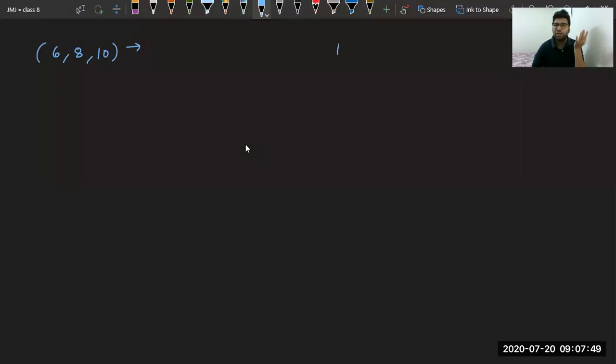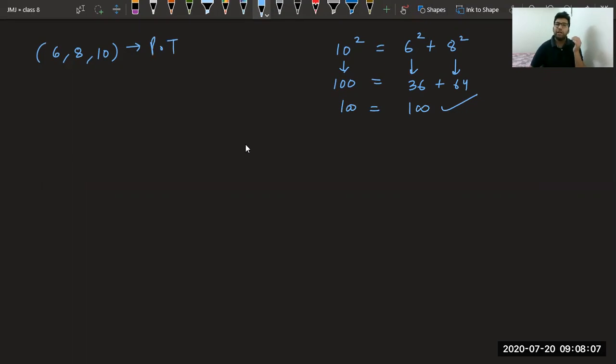So we have to check whether the longest side squared is equal to 6 squared plus 8 squared. Let's check. It is 100, it is 36, it is 64. So 100 equals 100, correct? That means they are Pythagorean triplets.